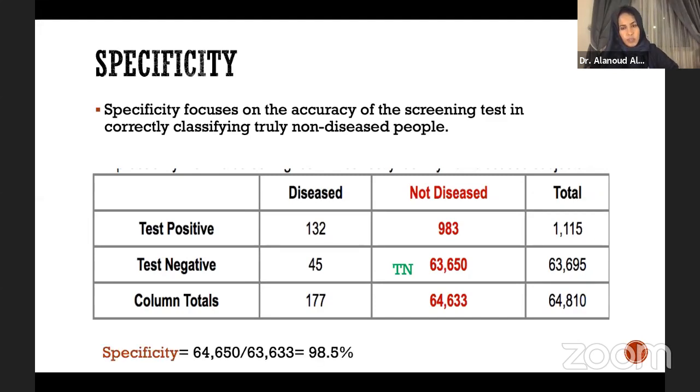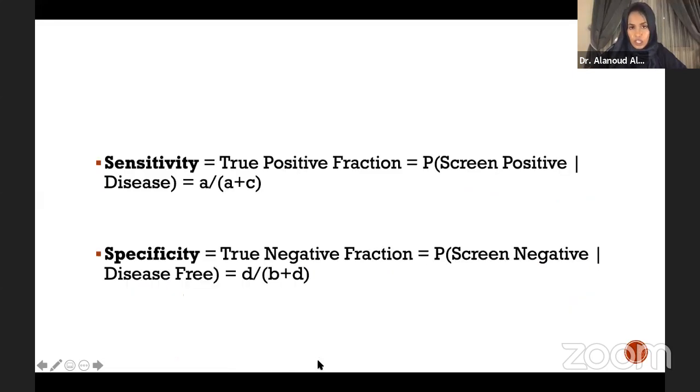So the specificity here is 63,650 divided by the total non-diseased, 64,633. Specificity is a pretty good 98.5%, excellent specificity. So quickly, sensitivity is the true positive fraction divided by the diseased population. Specificity is the true negative fraction divided by the disease-free, those who don't have the disease.